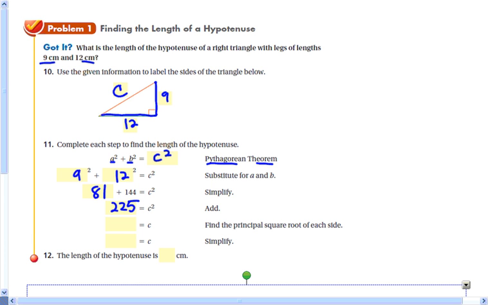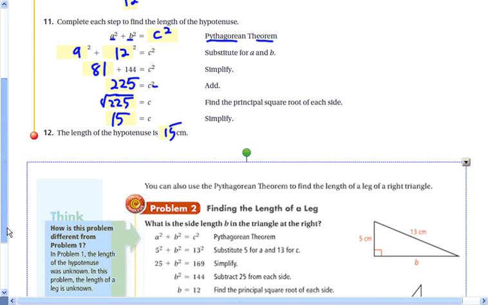Now I'm going to find the principal square root of that, which means the positive square root, to get c. When you take the square root of a squared term, that undoes the square. Then I'm going to simplify that. The square root of 225 is 15. So the length of the hypotenuse is 15. All right, so that's how you do a problem where you're given the legs.